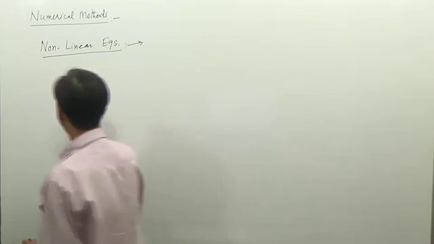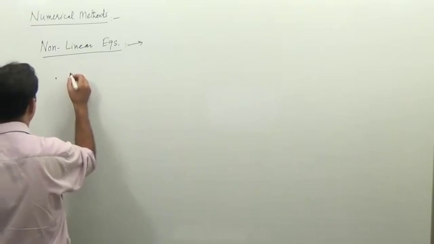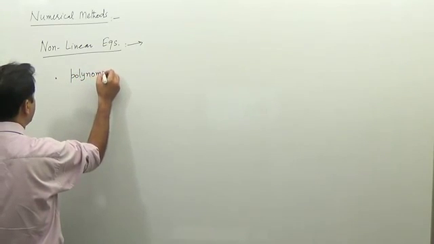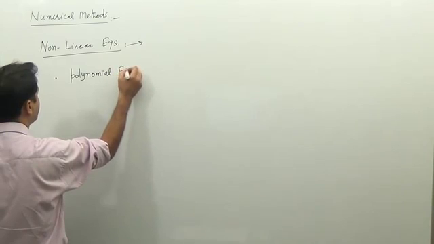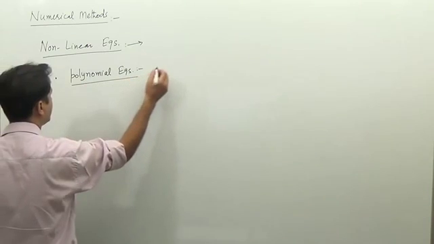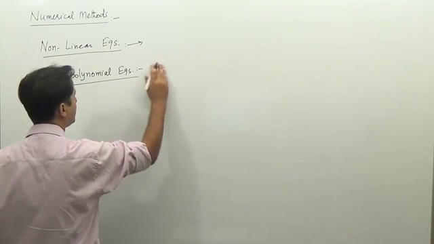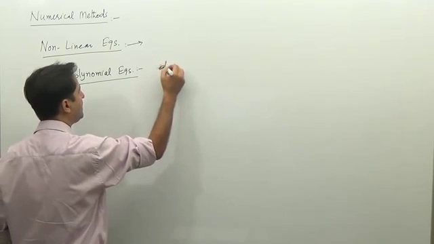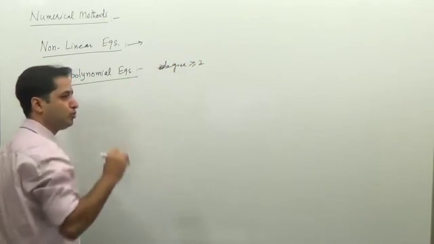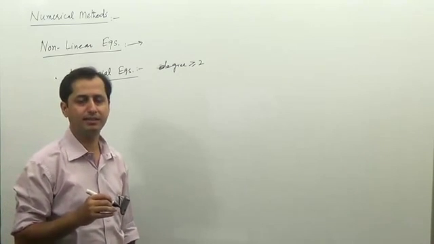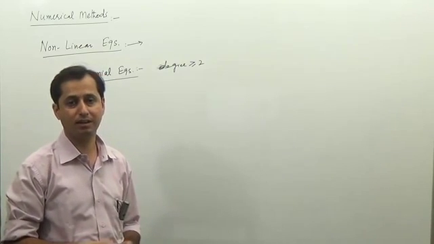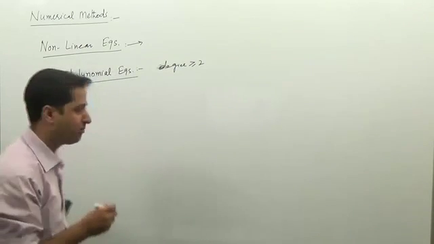In mathematics we have two types of functions which are non-linear. One is the polynomial functions, or polynomial equations, whose degree is greater than or equal to 2. A linear equation, a straight line, is a polynomial of degree 1.